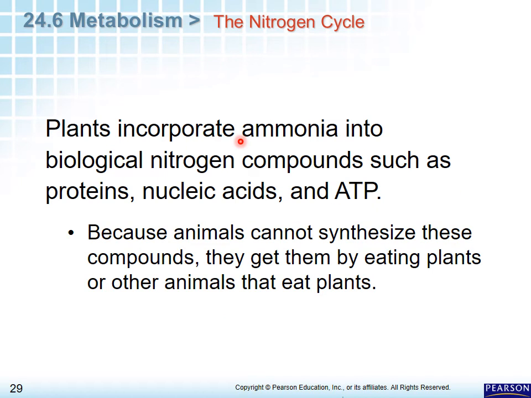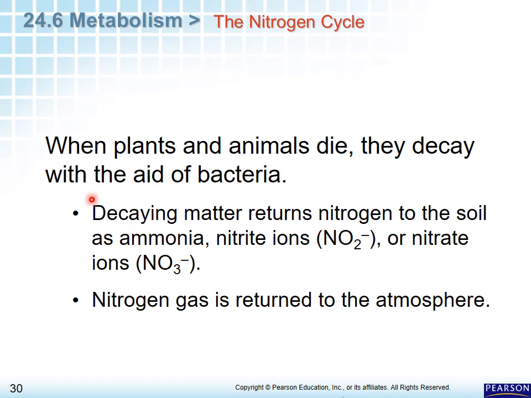Plants incorporate ammonia into biological nitrogen compounds such as protein, nucleic acid, and ATP. Because animals cannot synthesize these compounds, they get them by eating the plants or other animals that eat the plants. Okay, so we are eating these to take all the protein, nucleic acid, and ATP. Such as when we eat meat, we are having the nitrogen compounds. And a cow eating grass or any kind of plant can get them from there.